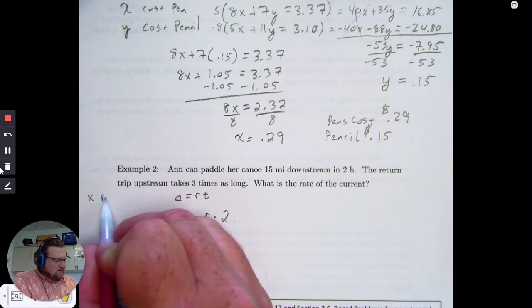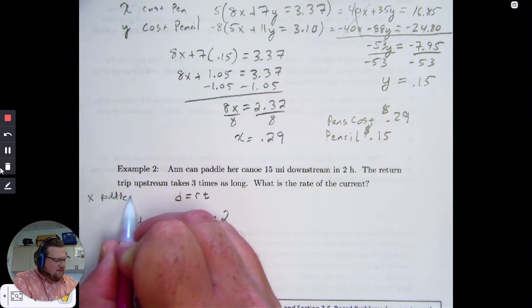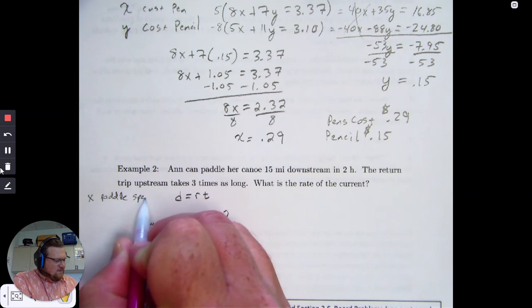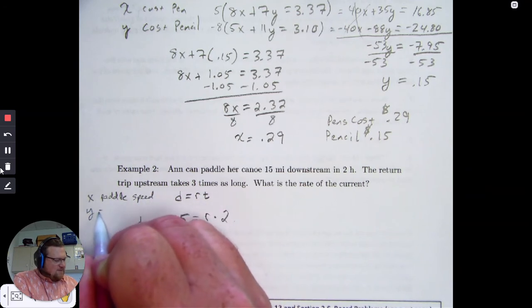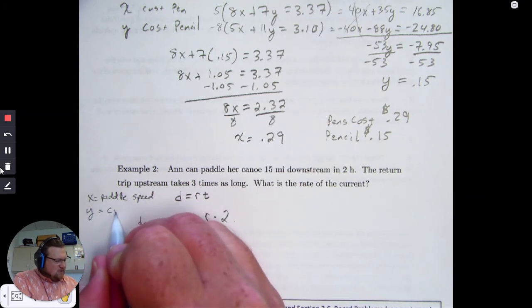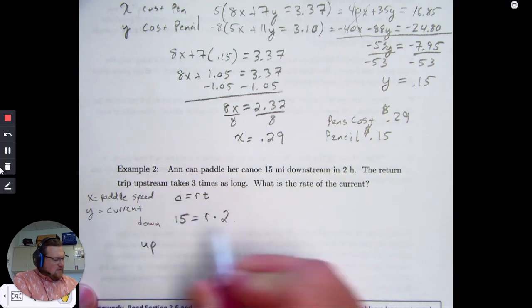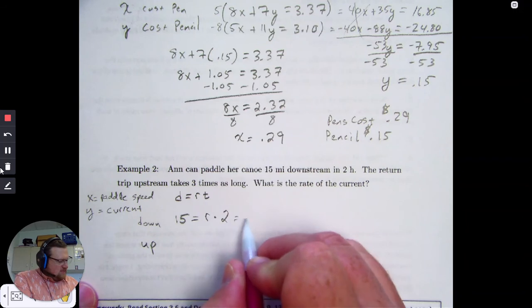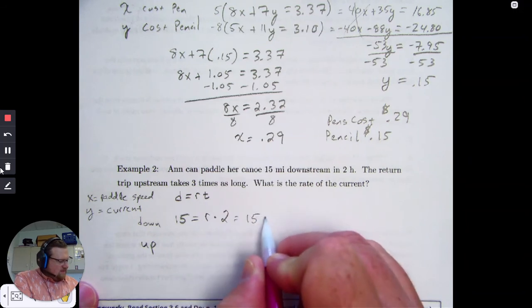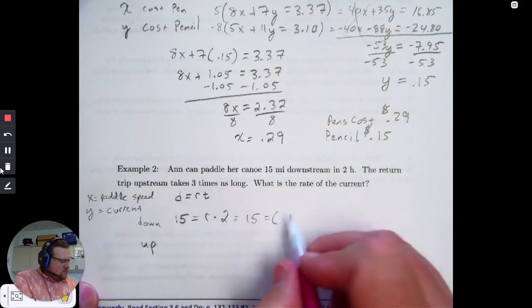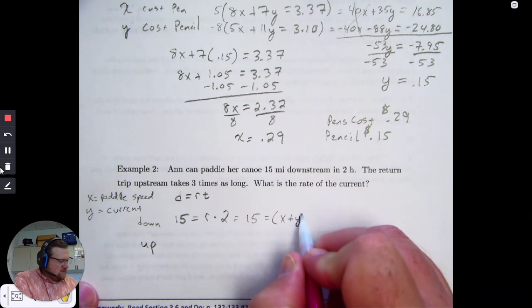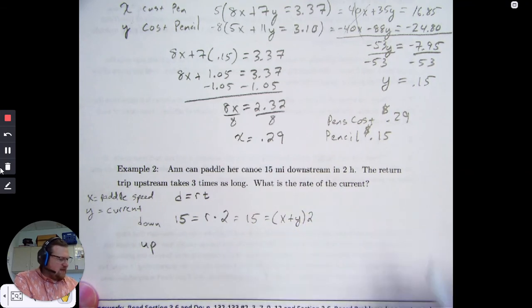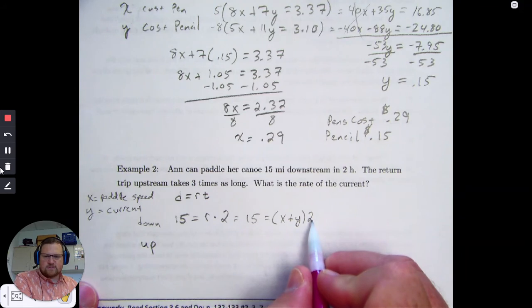So this is paddle speed. And y is going to be the current. On the way down, this r is going to be her paddle speed plus the current speed times time, which was 2 hours.